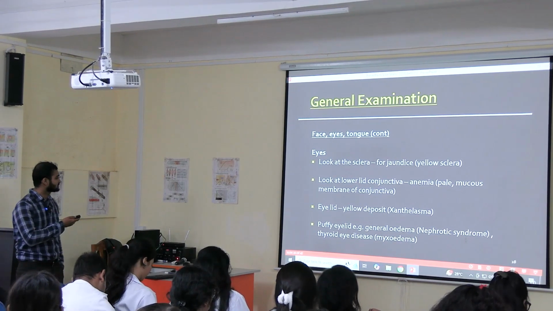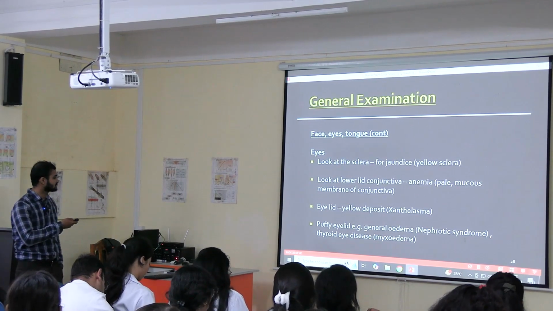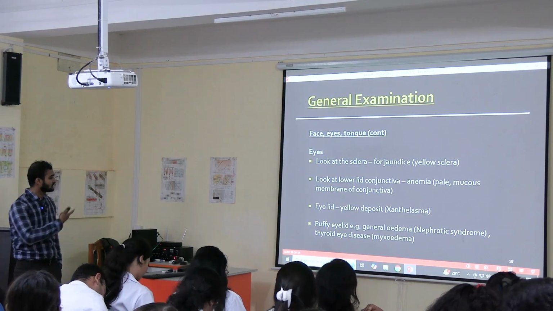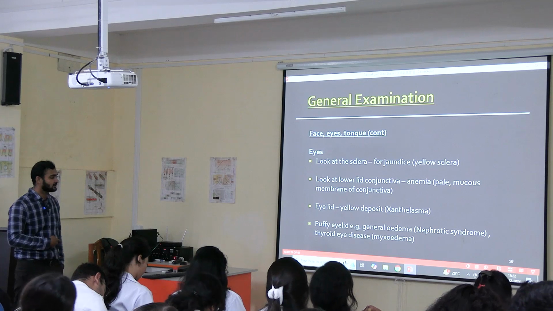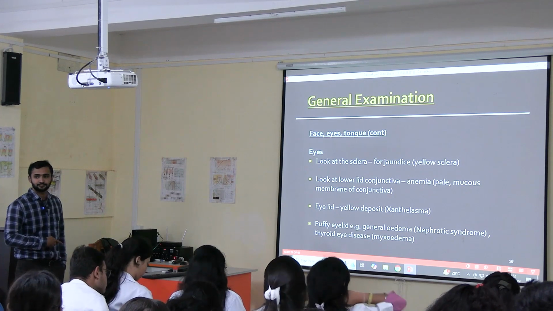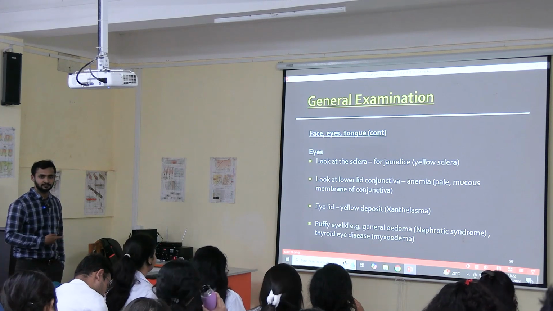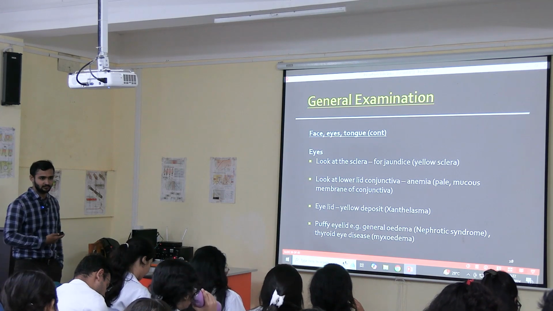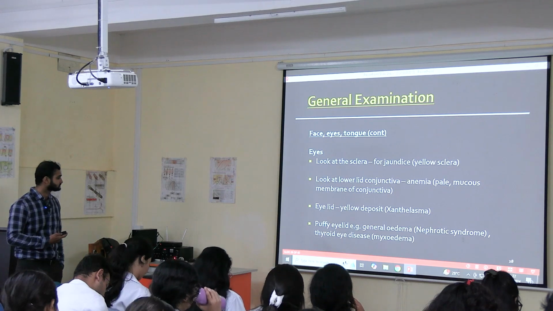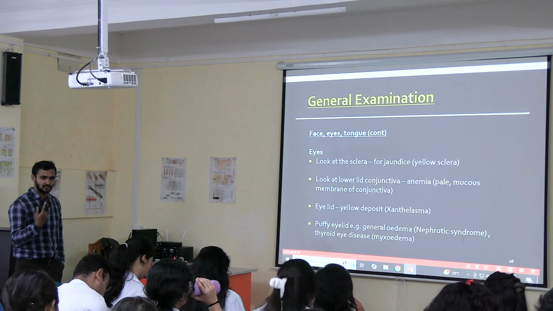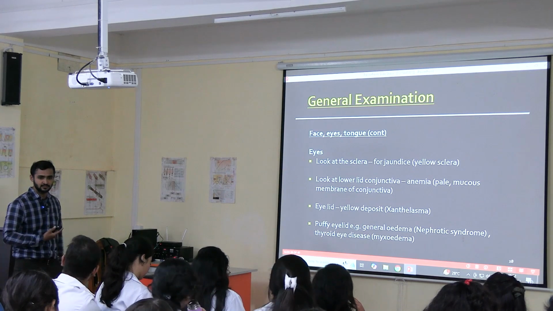Then there is generalized edema in nephrotic syndrome, and in myxedema. What is myxedema? Have you heard of hypothyroidism? This is the severe form of hypothyroidism. Okay. So in hyperthyroidism, the patient becomes thin-built, or there is increase in the metabolism of the patient.